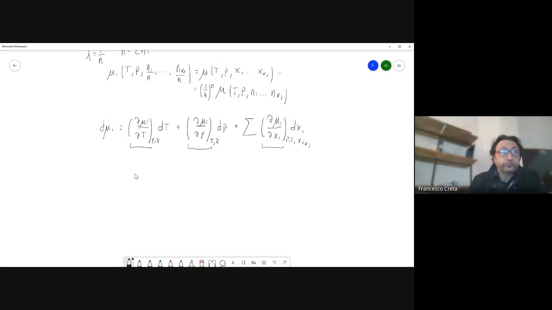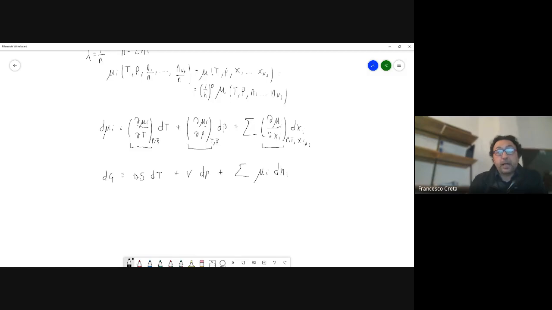Well, we go back and remember that for the Gibbs energy we had written an expression which is something like this: minus SdT plus Vdp, and then the mu i's dni.